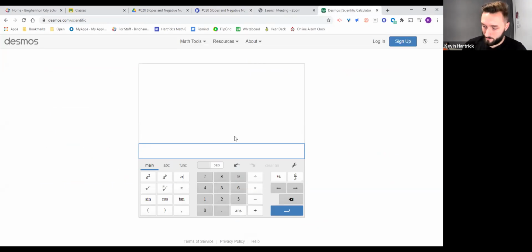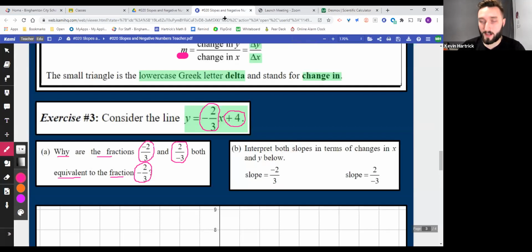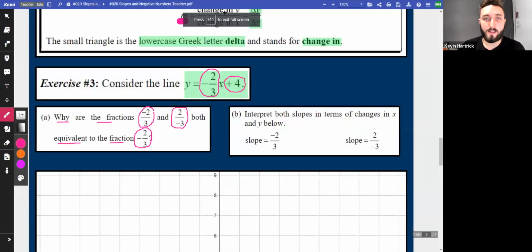So negative 2, and I'm going to hit the division button, then I'm going to put a 3. I get negative 0.6 repeated. Now, if I try putting the negative with the 3 instead of the 2, do I get the same answer? Yes, I do. So basically, you have to remember from 6th grade and 7th grade that it doesn't matter what number is negative in a division sentence, your answer is going to be negative.